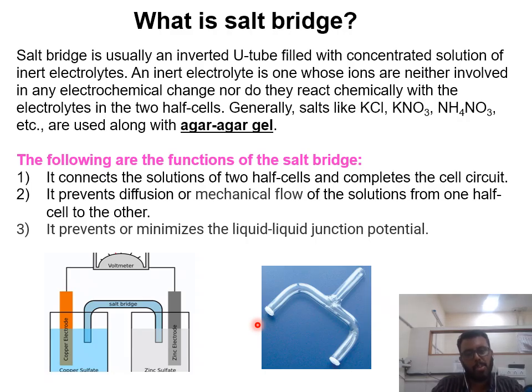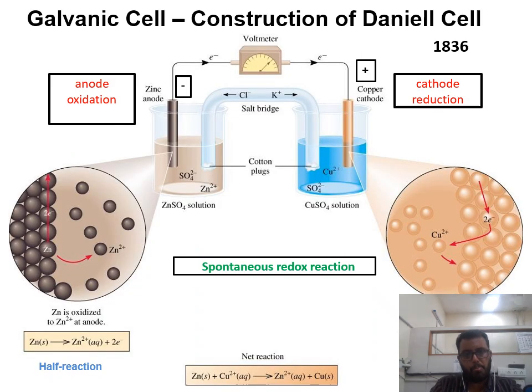You minimize the liquid-liquid junction potential by using a salt bridge. Another way you can also use a Luggin capillary. That is the other way to minimize the liquid junction potential. We will talk later, or to minimize the voltage drop or ohmic drop.